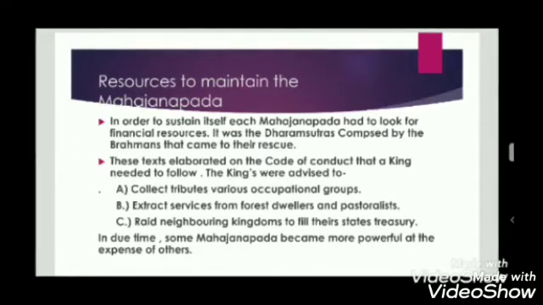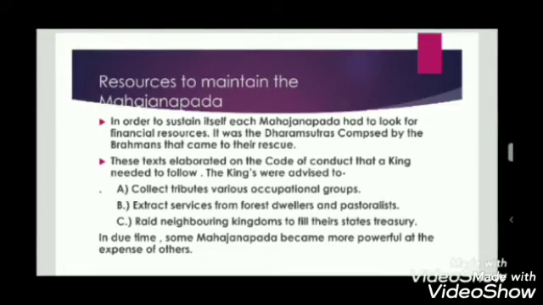Let's see to it. First, the rulers were advised to tax the people following different occupational groups. These could be the agriculturalists, the craft people, the traders. So all those working professionals needed to be taxed.